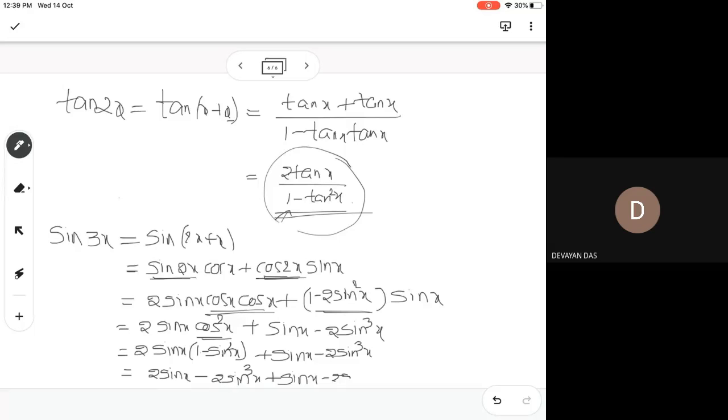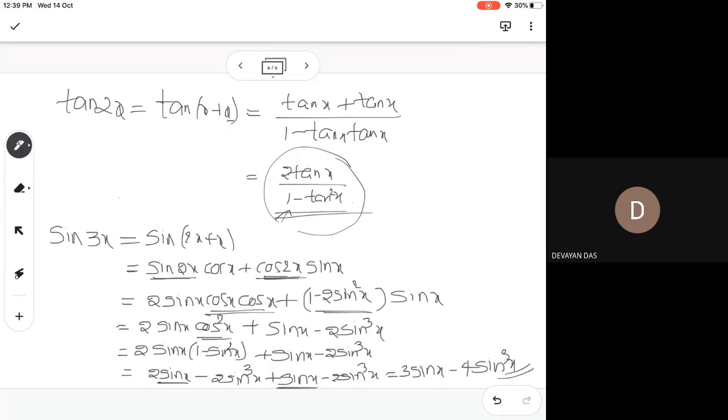So 2 sin x is here, 1 sin x is here, so you can write it as 3 sin x minus 4 sin cube x. So sin 3x is equal to 3 sin x minus 4 sin cube x.